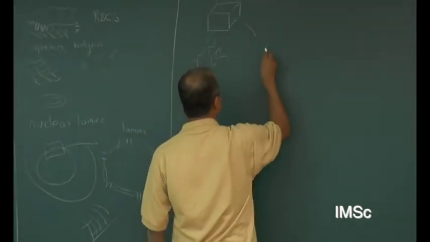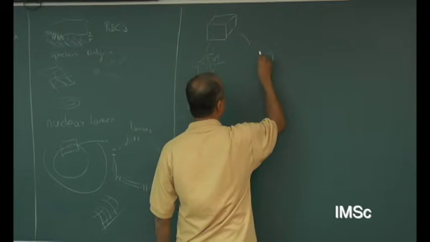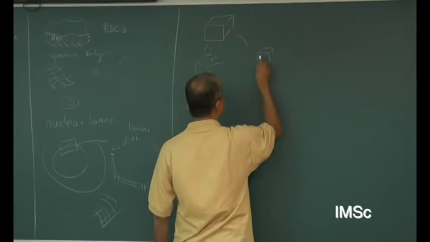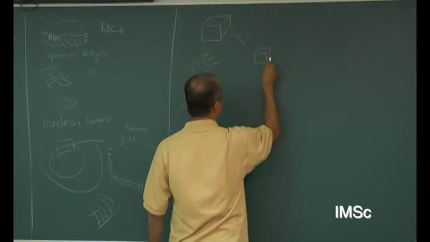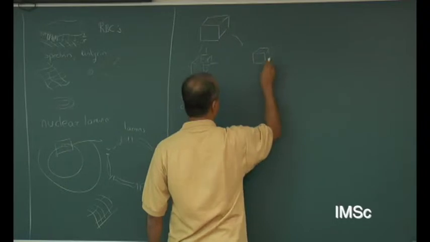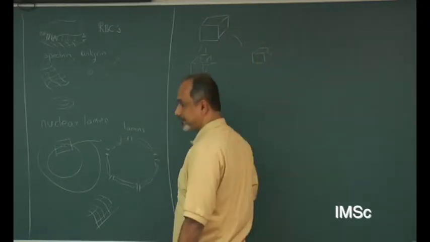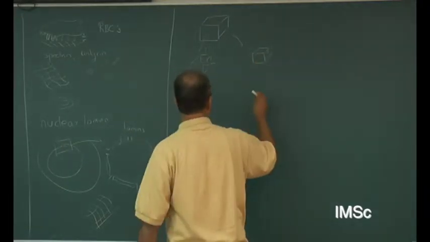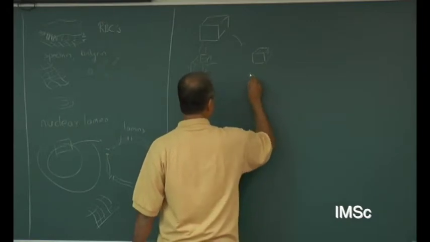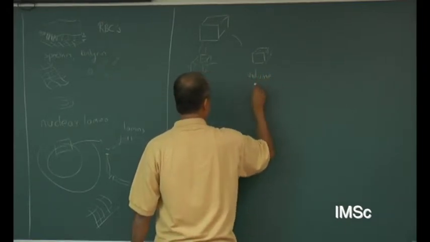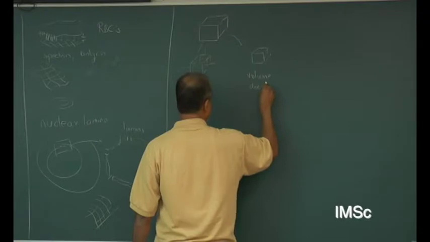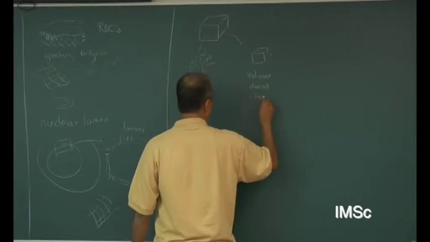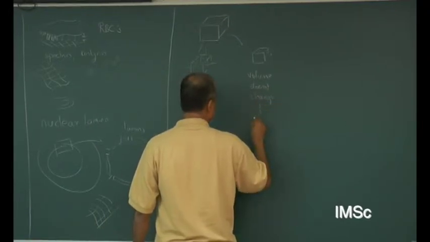But you can have other distortion which consists of taking your initial cube like this and distorting it like this so that each of these faces becomes a parallelogram. These are distortions that leave the volume the same, so the volume doesn't change, but the shape changes.